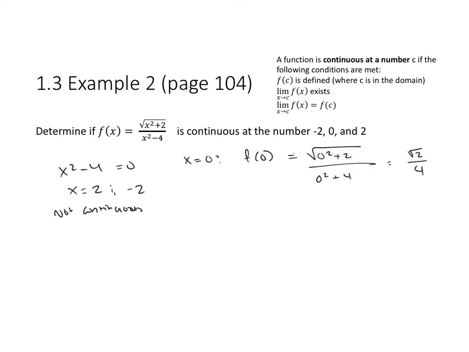And then let's look at the limit as x goes to 0 of f of x. It's going to be the same thing, 0 squared plus 2 over 0 squared plus 4. So since the function equals the limit at x equals 0, and 0 is part of the domain, then the function is continuous at x equals 0.